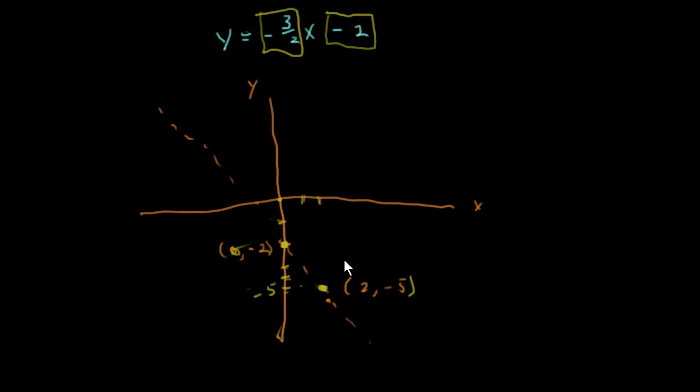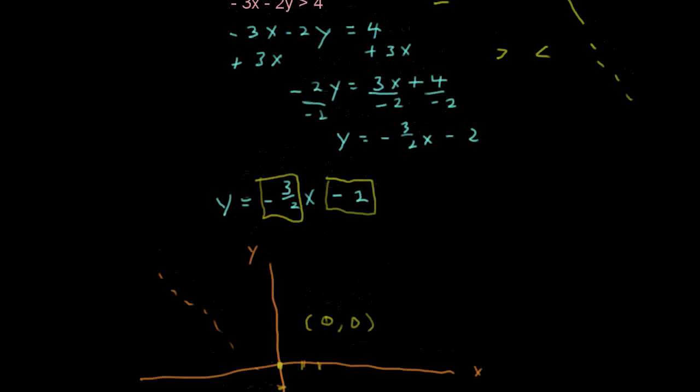It's common to pick the origin if it's available. And it's available here because our boundary line doesn't go through it. So let's pick the point 0, 0. The reason it's picked so often is it makes the math very easy.